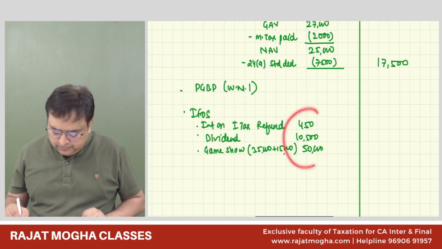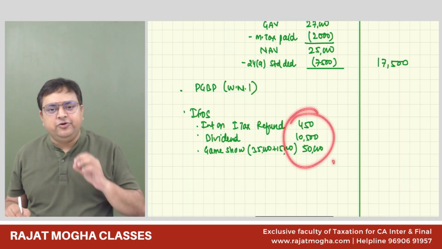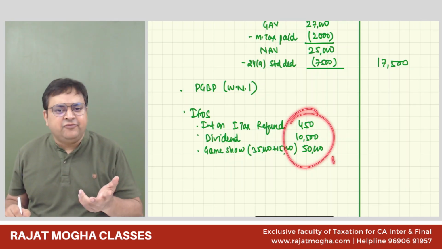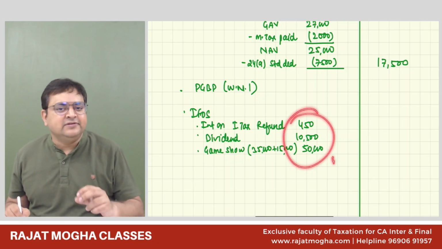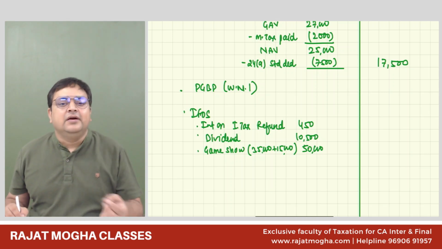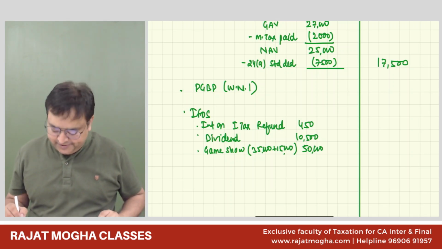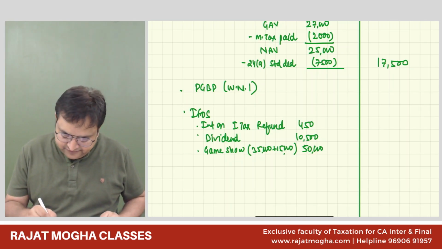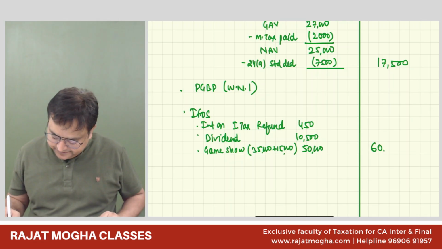Possibly 99% you will get your IFOS income from the credit side of the P&L account. If there is any other IFOS, it might be sitting in your information. So just give 10 or 20 seconds to look at your information, whether we have any IFOS income or not. So this is 50, 60, 60,950, correct? Yes, sir.